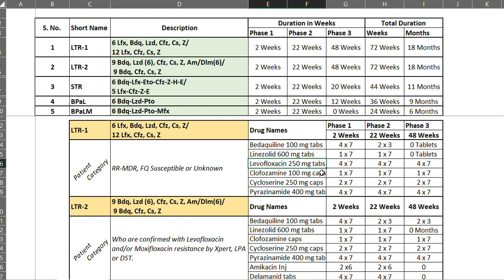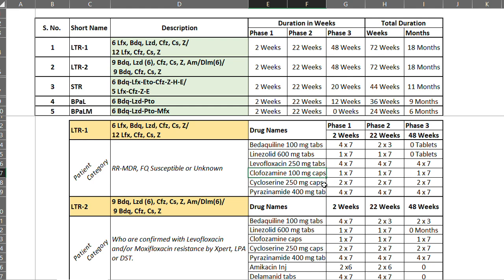Clofazimine will be used 1 tablet daily for 7 days a week during phase 1, then again during phase 2, and then again for the next 48 weeks. So throughout the treatment of an LTR1 patient, clofazimine is 1 tablet a day, 7 days a week, for 18 months or 72 weeks.